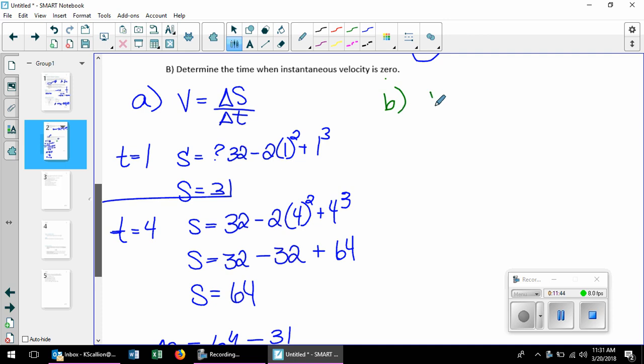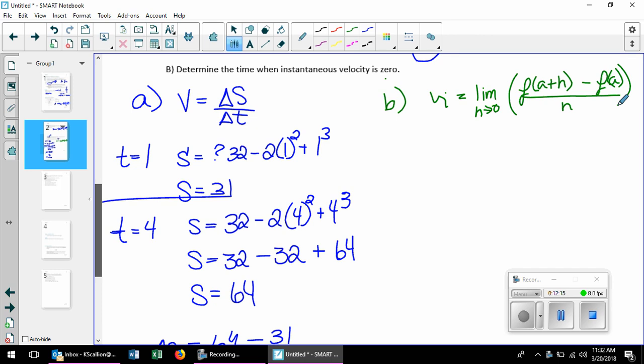Instantaneous velocity is the limit as h approaches 0 of f of a plus h minus f of a, all over h. You guys remember that? Somehow, maybe. Do you guys know what to do?